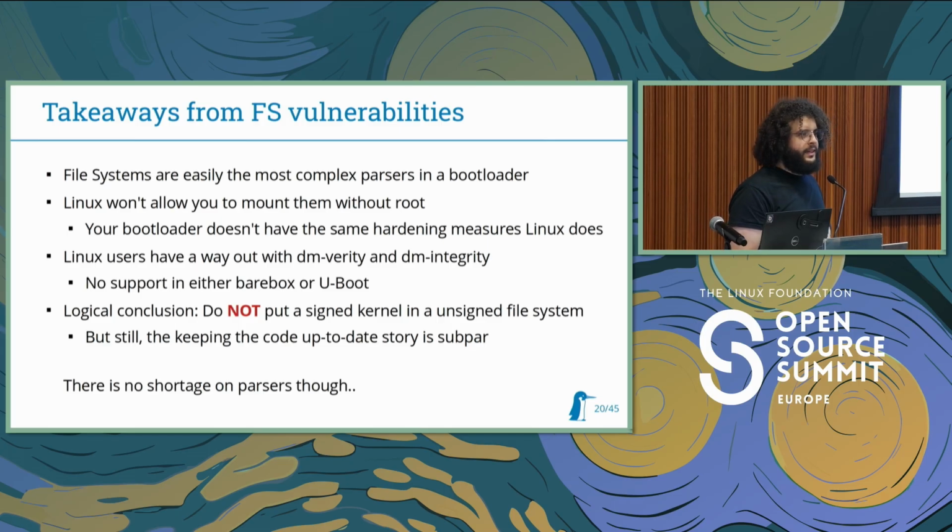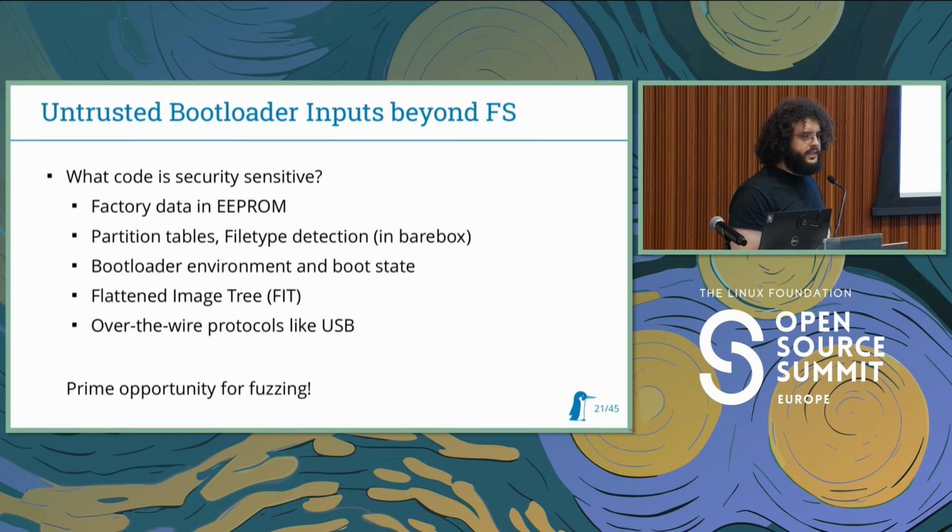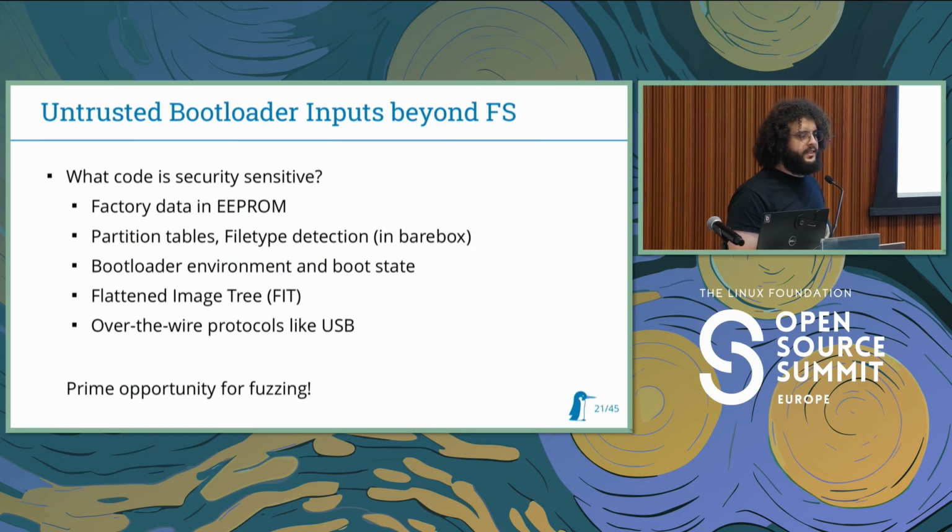And it's not like it makes things super easy, because there are still a lot of parsers involved even without a file system. And these are parsers that are not copied from somewhere where you could look for fixes, and nobody is thinking about them. So we have a lot of custom EEPROM parsers, which detect what kind of memory you have, or what kind of board you have, so they choose the correct device tree.